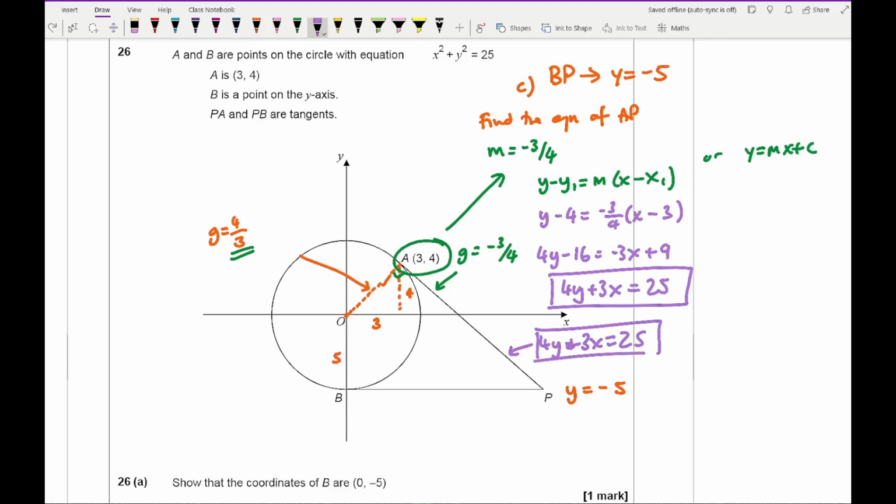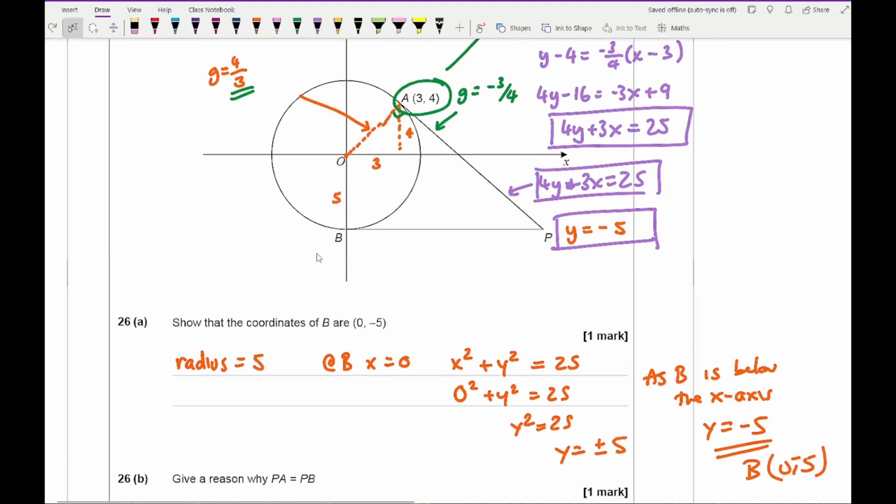And so all that's left for me then to do is use simultaneous equations to work this out. So if I substitute y equals minus 5 into this equation, and substituting minus 5 in, I end up with minus 20 plus 3x equals 25.